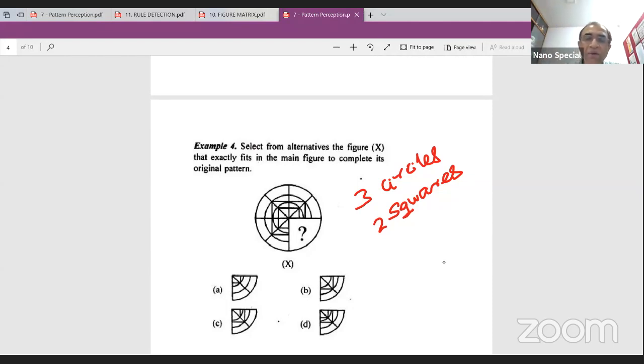In B, there are only three arcs, that's all right, as part of three circles, but there is only one part of a square here, only this part. Whereas it should contain two squares like in D. This square as well as this square. So the answer is D. I hope, Shrestha, you got the logic now. The answer is D and not B. D for Delhi, not B for Bombay. All right. I hope everybody has got it. Let's go on.